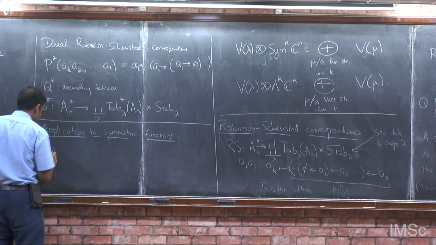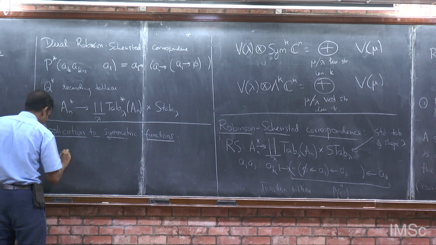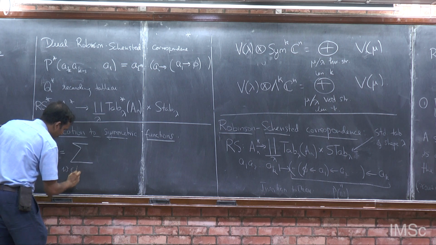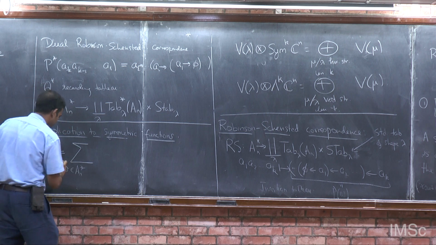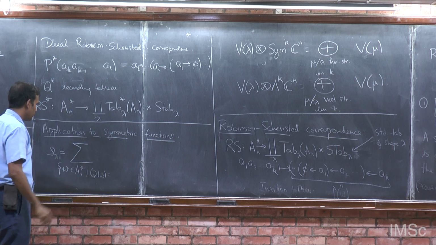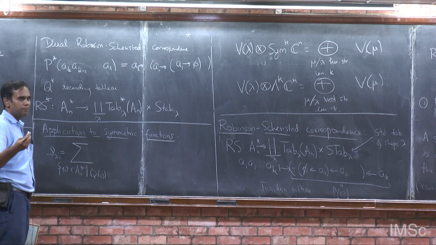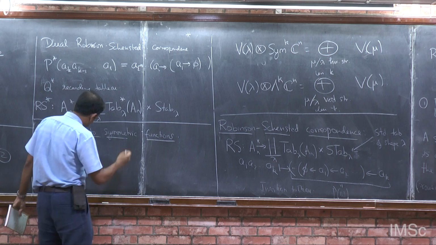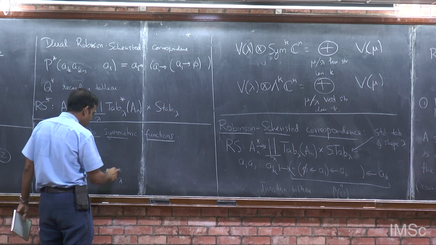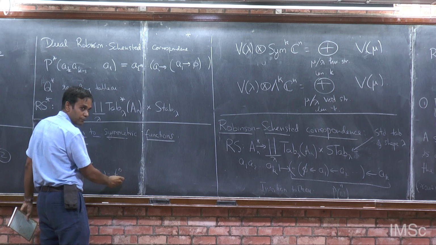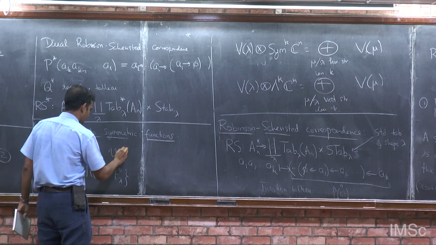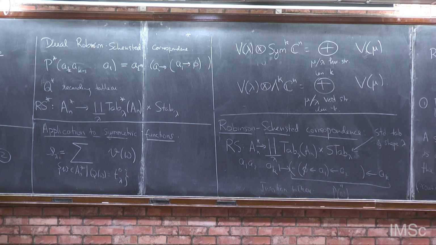S lambda of x is equal to the sum over W in A n star such that Q of W equals your favorite standard Young tableau of shape lambda. So this is my claim.